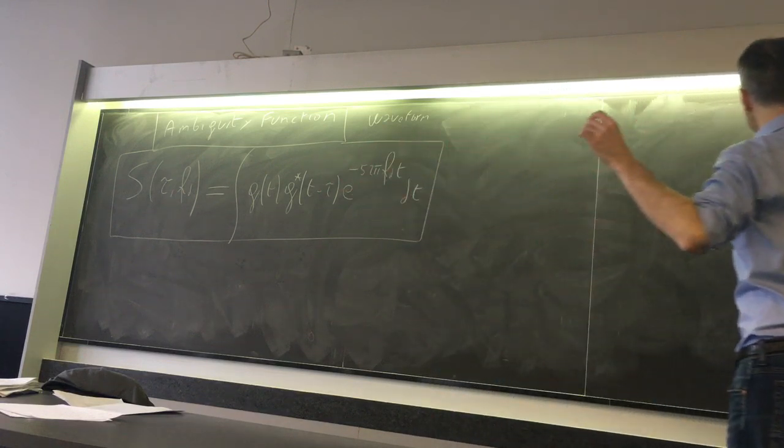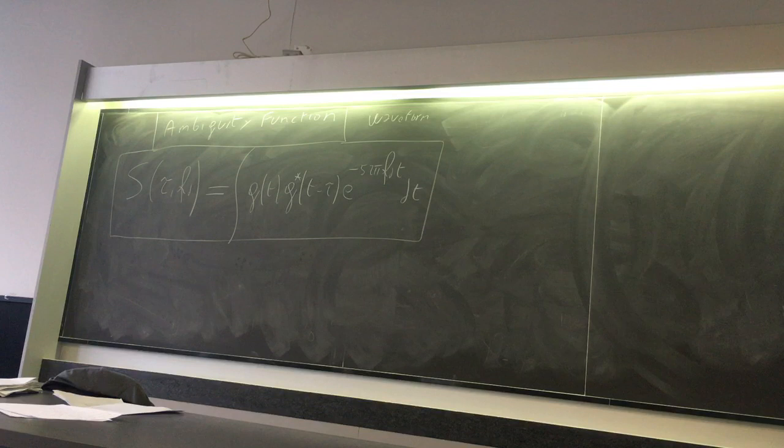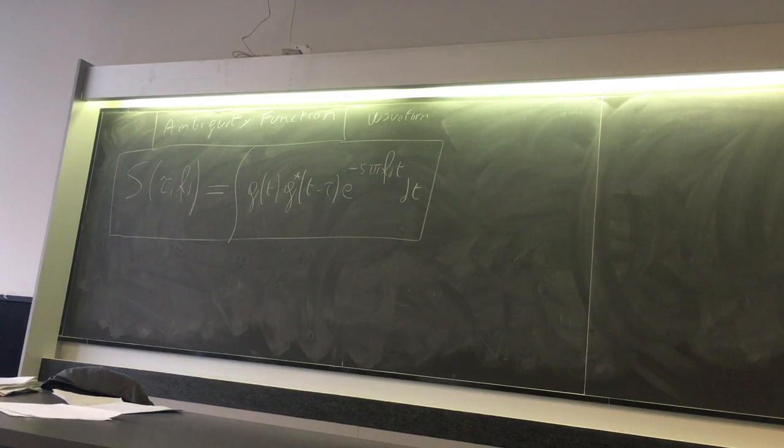Well, before we start, what is the ideal shape of the ambiguity function? We say that this one is bad. Huh? The ideal case is just a point.